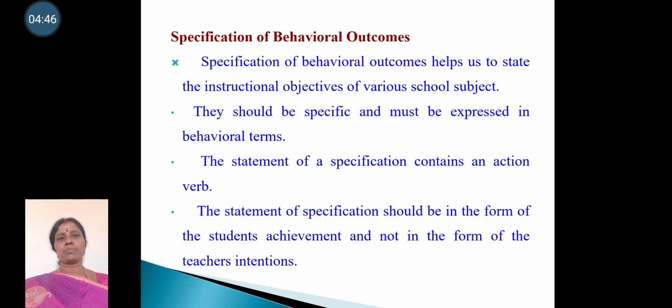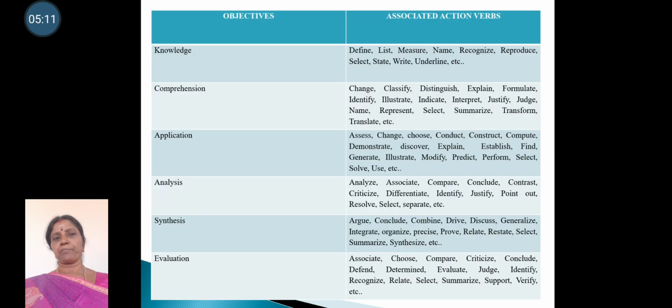The second step is specification of behavioral outcome. The specification of behavioral outcome helps us to state the instructional objectives of various school subjects. They should be specific and must be expressed in behavioral terms. That is, the statement of specification contains an action verb only. The statement of specification should be in the form of the student's achievement and not in the form of the teacher's intention.